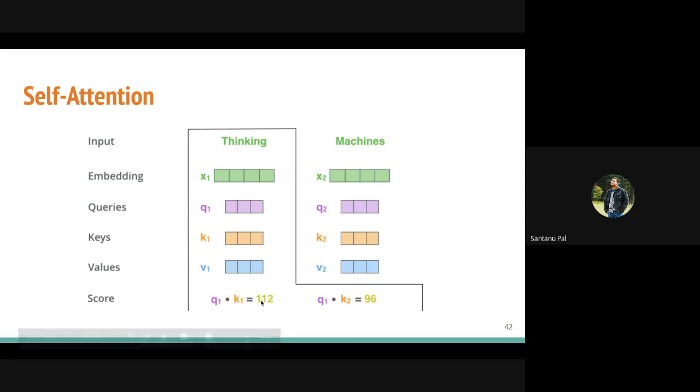Note that this query and key come from the same sentence, which is why it is called self-attention. While if the query comes from the decoder side, it is called cross-attention. So the query would be different in the case of cross-attention, as it would come from the decoder. But here, as it is self-attention, it comes from the same sentence, using the encoder embeddings.